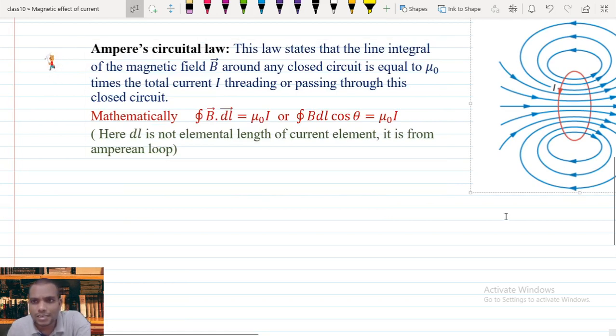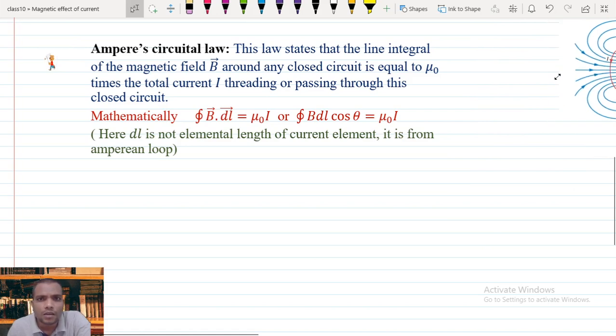This law states that the line integral of the magnetic field around any closed circuit is equal to mu naught times the current I threading or passing through this closed circuit. Mathematically, closed integral B bar dot dl bar equals mu naught I.